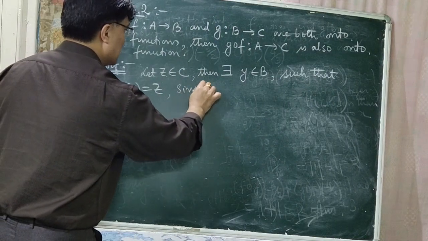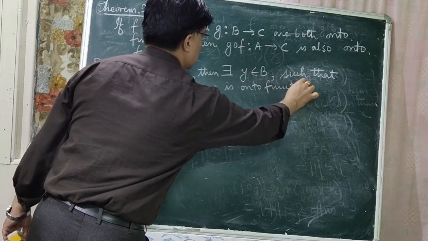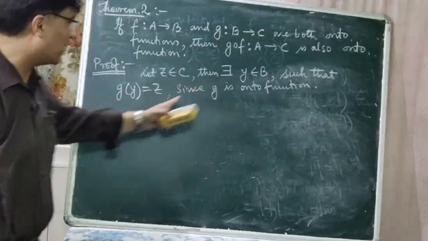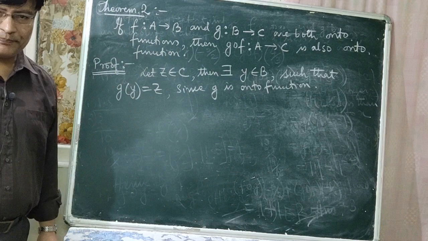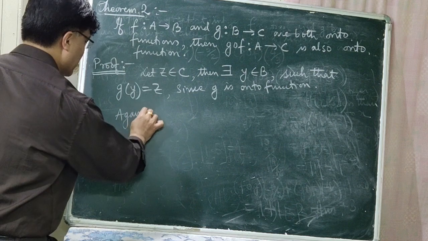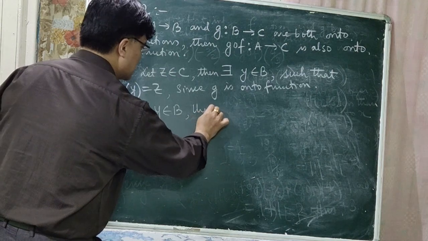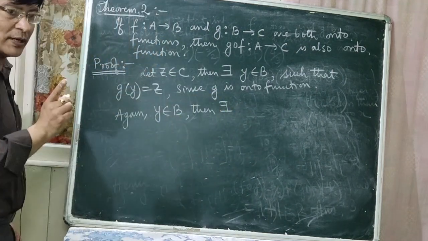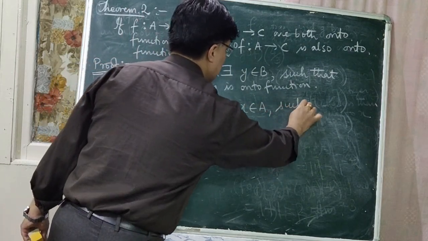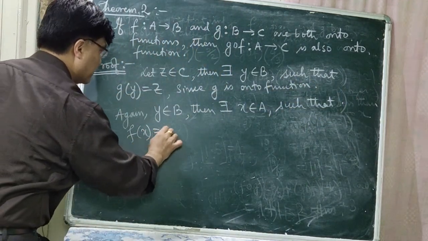Since g is an onto function, you can write g of y is equal to z. Is that clear? Again, y belongs to the set B, then there exists x belongs to the set A such that f of x is equal to y.